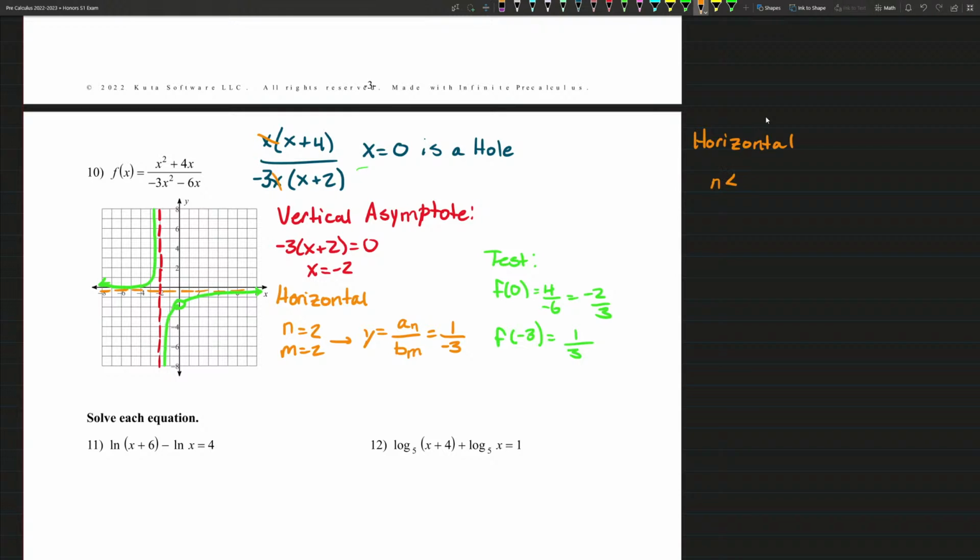If n is less than m, so the degree of the numerator is less than the degree of the denominator, y equals 0 is your horizontal asymptote. If n is equal to m, so the degrees are equal, you get the ratio of the leading coefficients, which you've seen twice on this. If n is greater than m, you need to check for a slant.